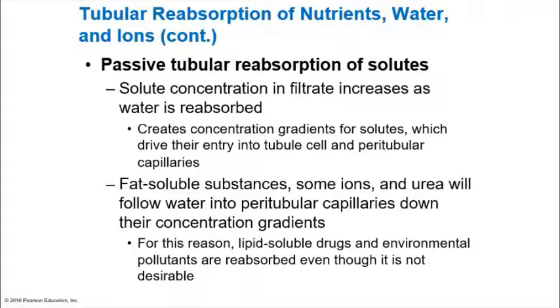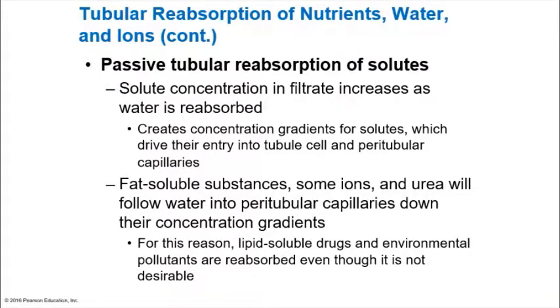Things like fat. So when you're reabsorbing water and concentrating the filtrate, you'll also reabsorb some fat and things that get dissolved in fat, which can be a problem for some medication. Some medication, your body will try to flush out in your urine, but because it's fat soluble, it can mix and dissolve in fat, and you'll actually reabsorb it with some water and it'll stay in your body longer. Remember, if we know how the body works, we could take advantage of it.